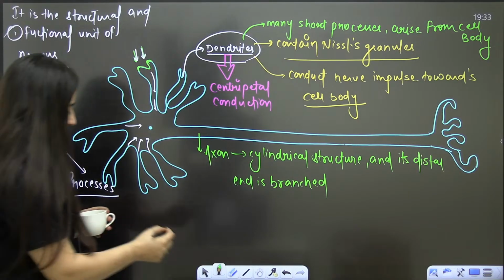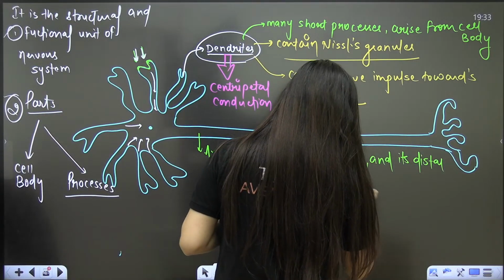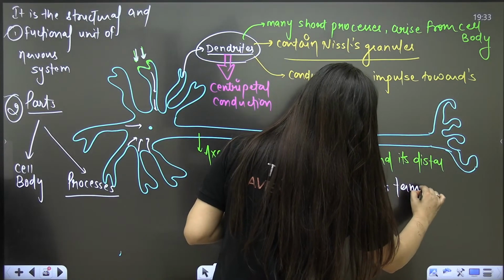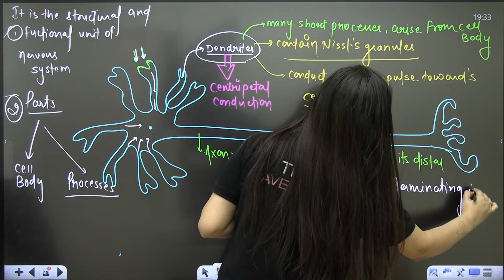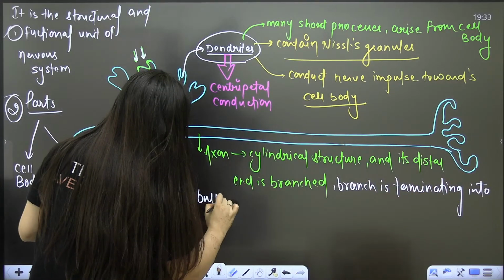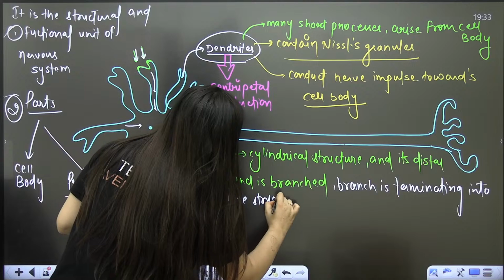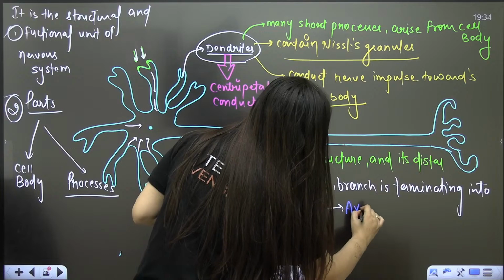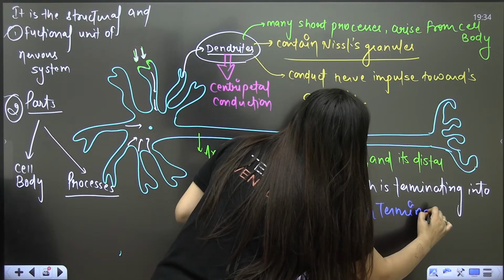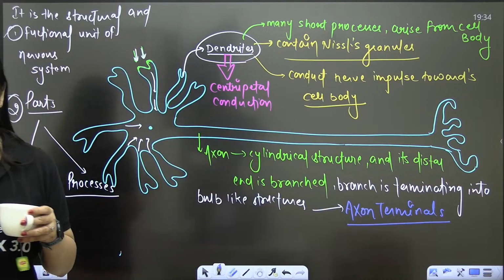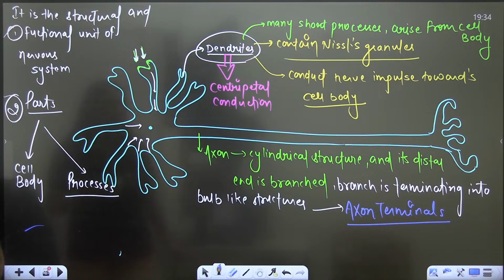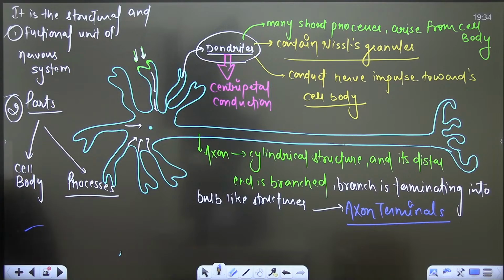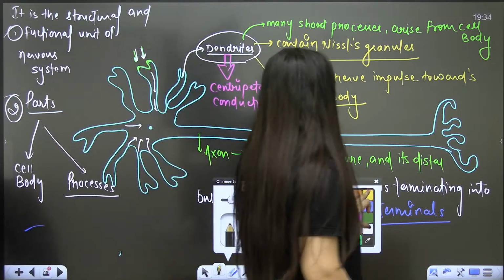This branch terminates into bulb-like swollen structures, and those bulb-like structures are the axon terminals, axon endings, or axon arborizations. What is the word that we are using for it? We are calling it the axon terminal, axon ending, or axon arborization. Is that clear? And you know that we can also call it the synaptic knob.